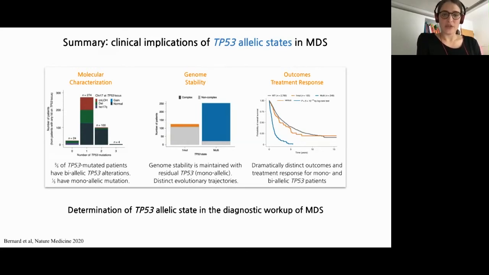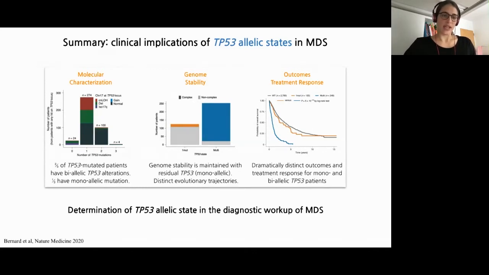This has implications for genome stability, where the stability of the genome seems to be maintained when there is residual TP53 in the case of monoallelic mutations. And this is also associated with distinct evolutionary trajectories. And finally, we demonstrate dramatically different outcomes and treatment response for monoallelic and biallelic patients.